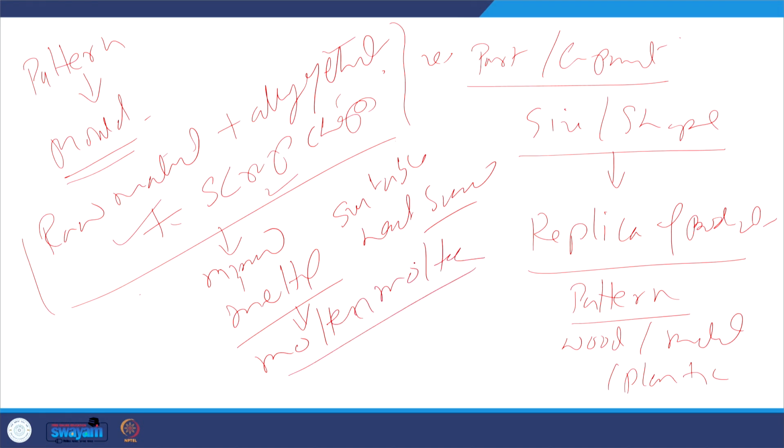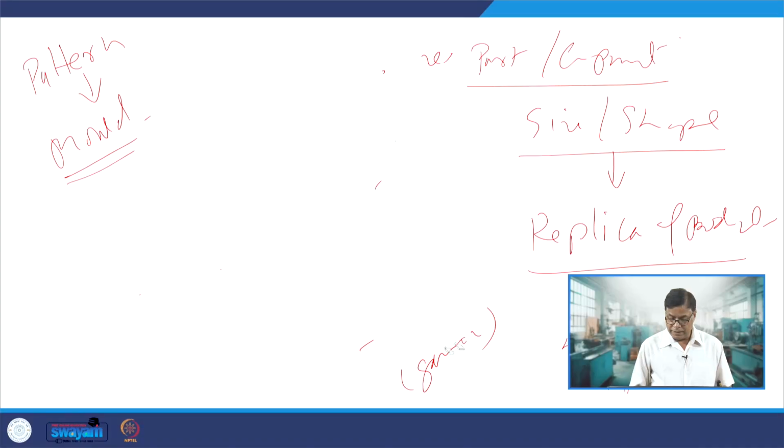Now, there is every possibility that this molten metal will have impurities. Impurities may be in form of organic components, inorganic components, or in form of gases. So, what is done basically, we try to treat the molten metal which has been realized using the suitable heat source for melting the raw material, other alloying elements and the chips.